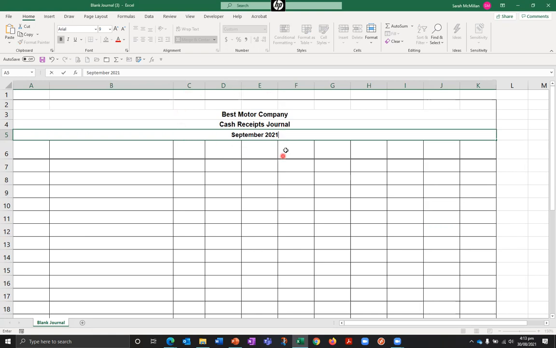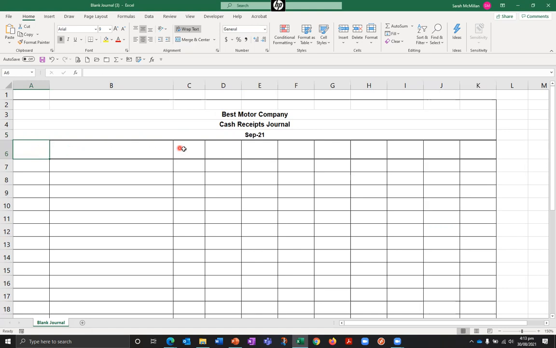Once you have completed titling the journal, you can then go across each column and type in the headings.